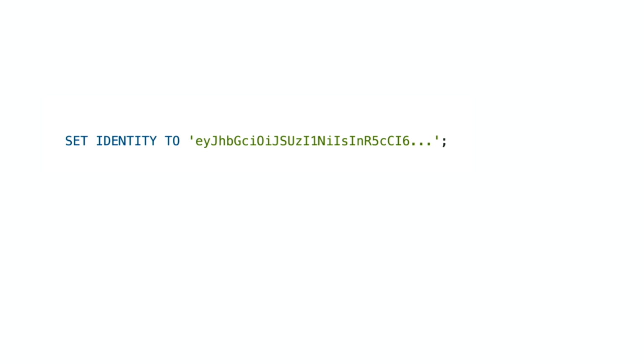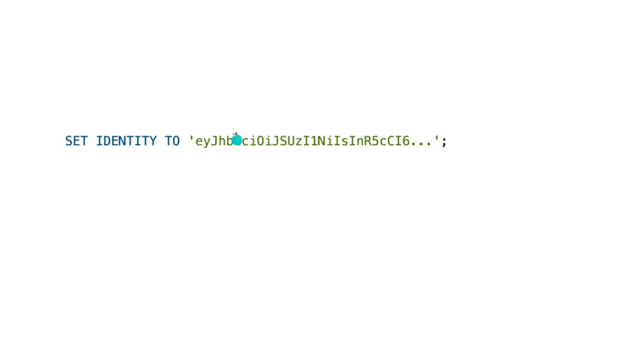A couple of things that EQL can do. One of them is this idea of setting the identity. So if we go back to the beginning, when we had this idea of the database only knows about the app, it doesn't know who you are. One of the things that EQL is intended to solve is we can pass the JWT from your application all the way down into the database.